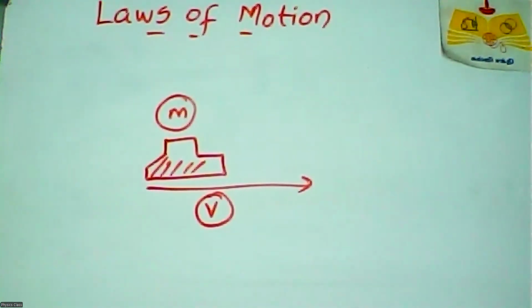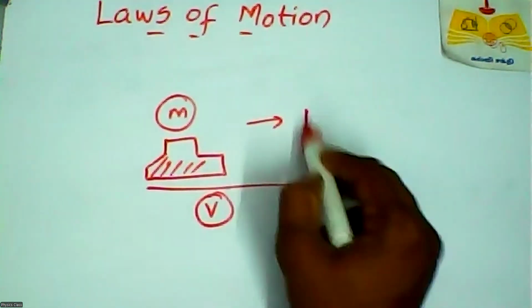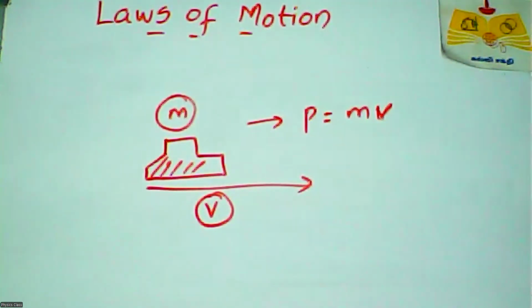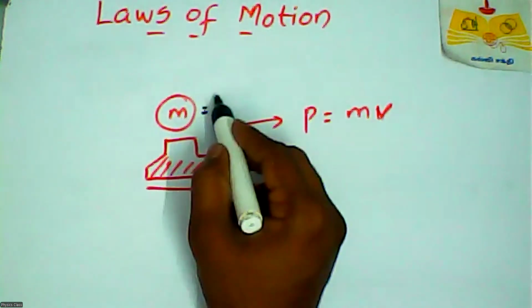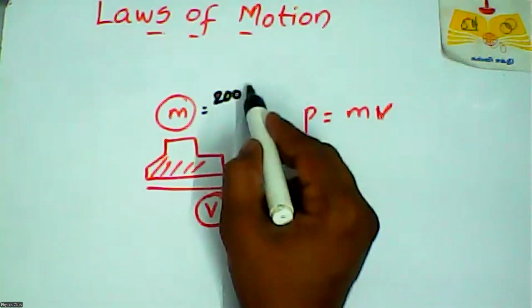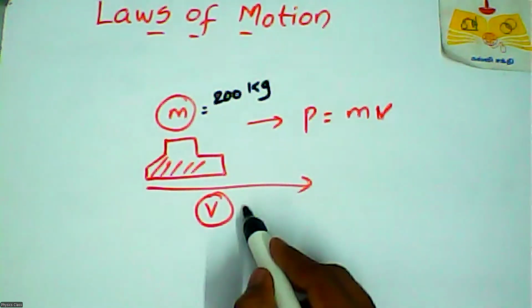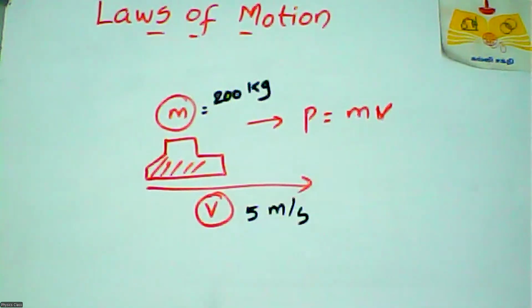For this car, the mass m, velocity v, and momentum p is equal to m into v. For example, you can choose m as 200 kg, not in tons, for example. Velocity maybe 5 meter per second. This is the velocity.